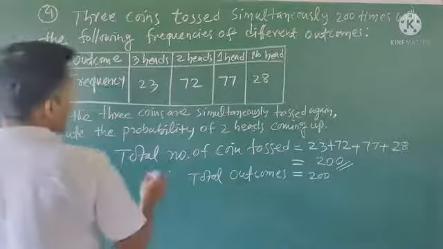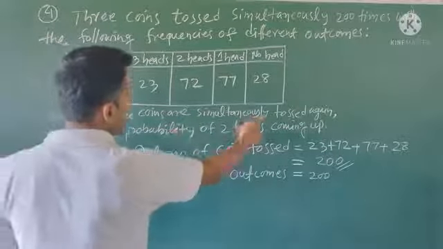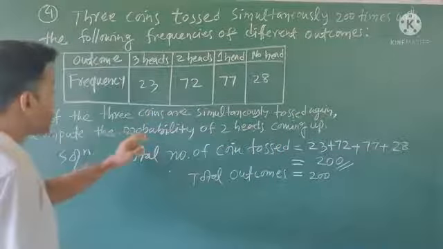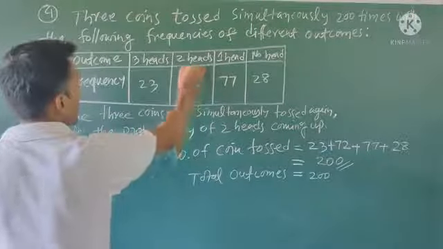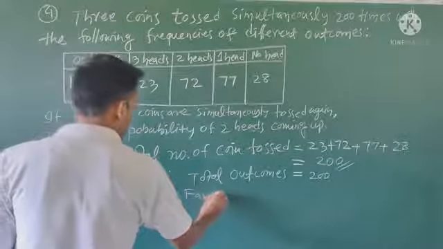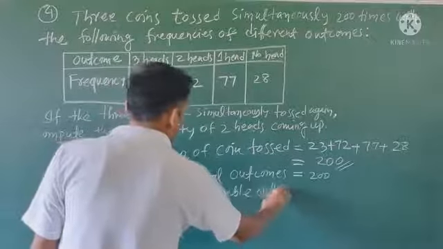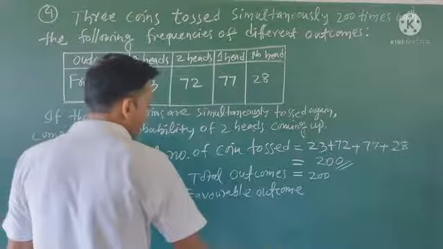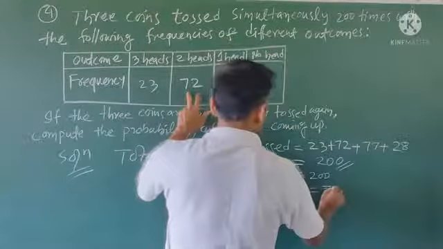So you see, now the question is asking, if the 3 coins are simultaneously tossed again, compute the probability of 2 heads. 2 heads came how many times? 72. So favorable outcomes is 72.